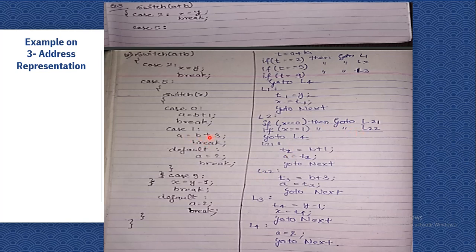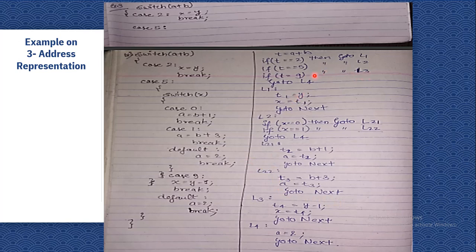In L22, we are doing the same thing. We are adding b plus 3, and the value is stored in a temporary variable t3. This temporary variable t3 value is copied to a. Then next.